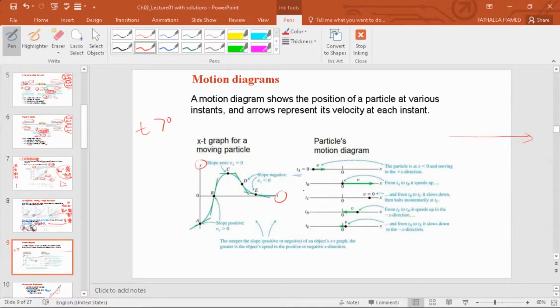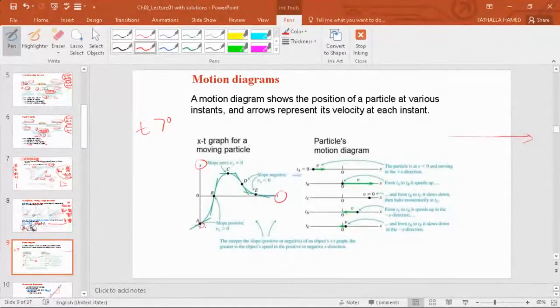They ask us here to describe the motion at different locations, at A, at B, at C, at D, and at E. So now I want to look at a motion diagram. If I want to look at my velocity at A, I have to draw a line which is tangent to A, and I get the slope of this line.